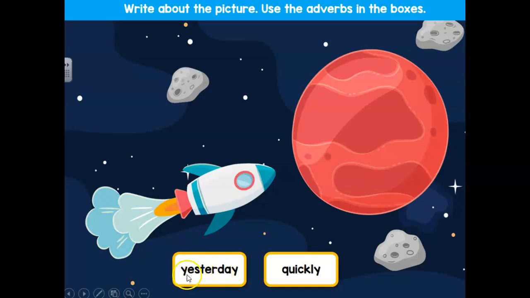All right, so I'm going to a when, we could start with yesterday. So we could say, yesterday, the spaceship landed quickly on the red planet. So I've used both of them.